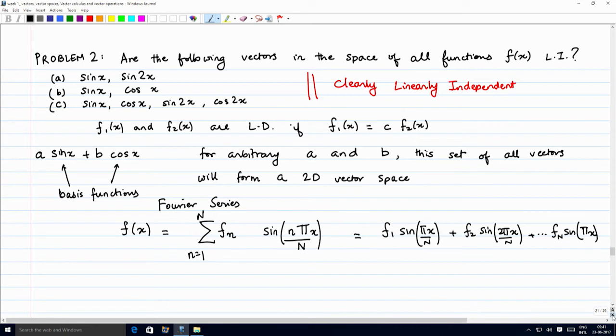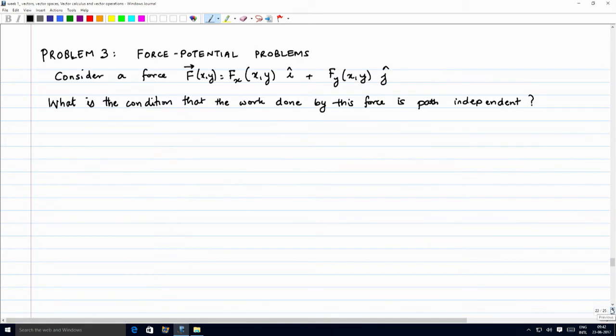Next problem we will take is a force potential problem. Okay. And so consider a force. When you say force f acting on a particle, what you mean is that you have a particle in 2 dimensions.